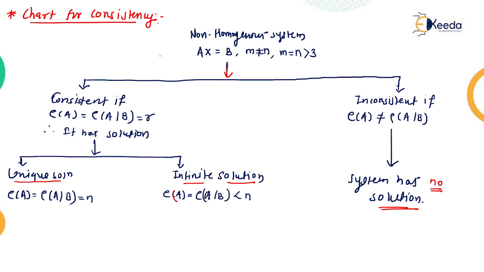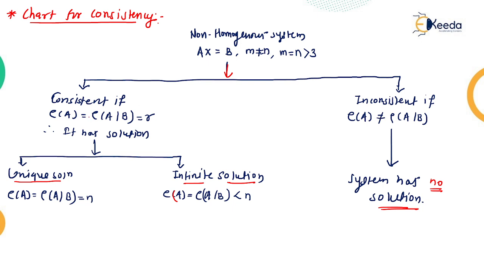So this is the chart for consistency, and by using the chart you have to find the consistency of the given system of non-homogeneous linear equations. Now this is a very easy chart. If the system is consistent, the rank will be the same. If it is inconsistent, the rank does not match.